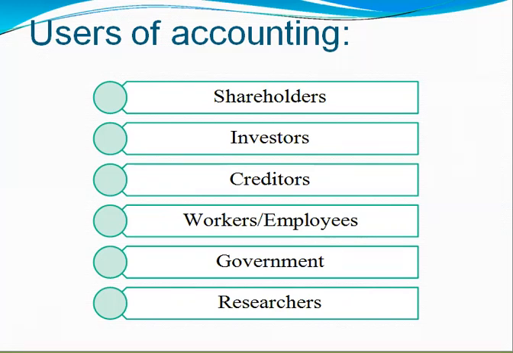For example, our owner, board of directors, managers, and employees are inside the organization, and they need our accounting statements to know the actual position of the business or to take remedial actions to improve it. This is called internal users.